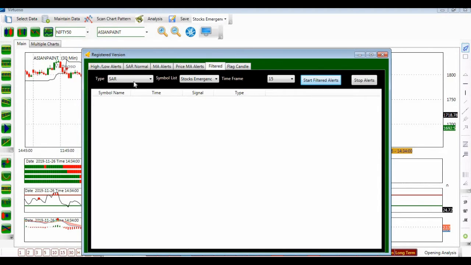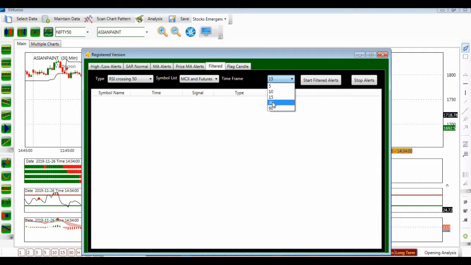Similarly, you can put a filter, for example RSI crossing 50. If you put RSI crossing 50, you select which watch list you want. For example, I want to select MCX and futures, where MCX has all the MCX stocks, and the futures are currencies, Nifty, Bank Nifty and SBI. If I select this, I need to select the time frame.